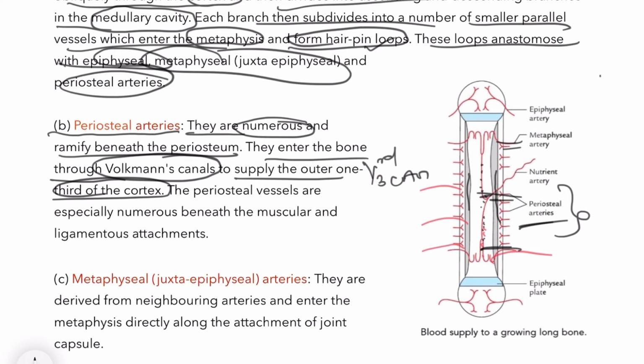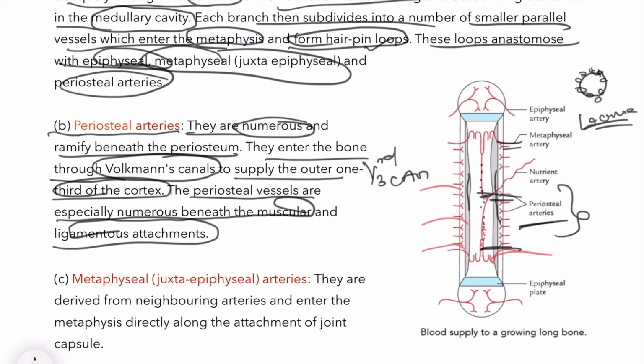Volkmann's canal has lacunae. We have seen it like this. This is the structure of Volkmann's canal, which has lacunae. Clear? And the periosteal vessels are especially numerous beneath the muscular and ligamentous attachments. So, muscular and ligamentous attachment in the periosteal arteries.